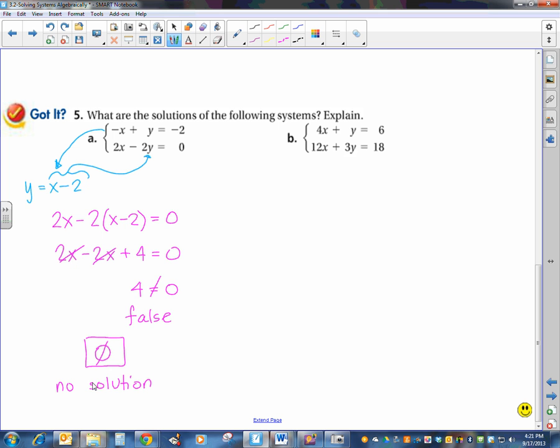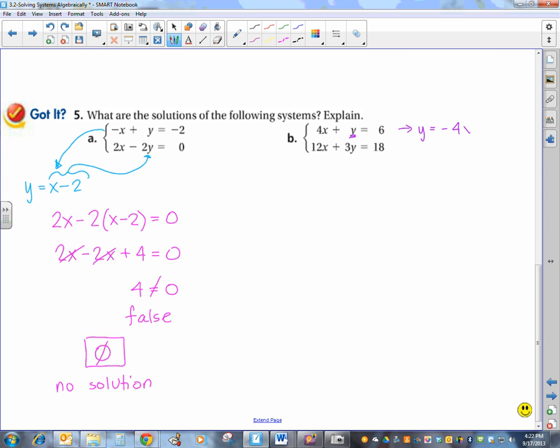Okay, look at the next one. I'm going to do substitution again because we haven't done much of it, because I have a variable that's by itself, has a coefficient of 1. So if I take the 4x over, that gives me y equals negative 4x plus 6. So I'm going to take that and I'm going to plug it in for my y right there.